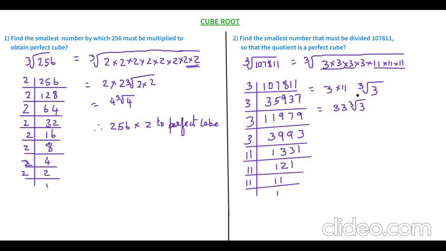Here 3 is extra, so 3 is the smallest number by which 107,811 must be divided. Isn't it easy? The remaining number inside the cube root has to be divided from the number given. For multiplication, we multiply with that number, and for division, we divide by that number.